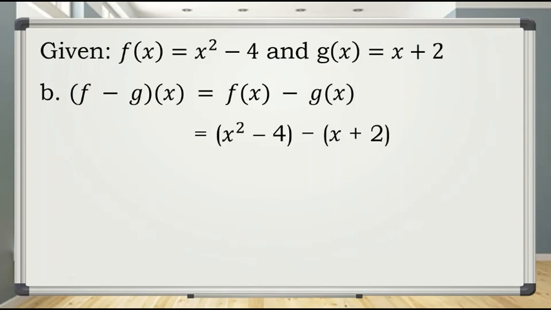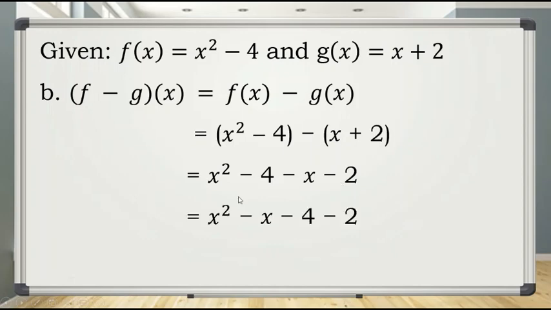Kagaya ng sinabi ko sa review, kapag subtraction of polynomials, yung second expression, mababago lahat ng signs. So it will become, bring down x squared minus 4, positive x will become negative x, and positive 2 will become negative 2.